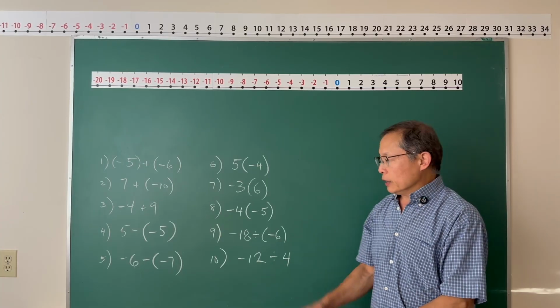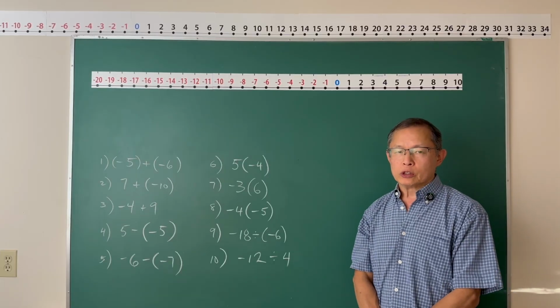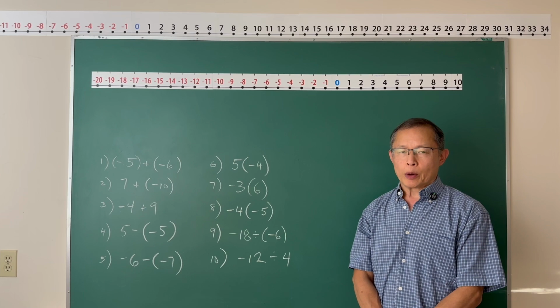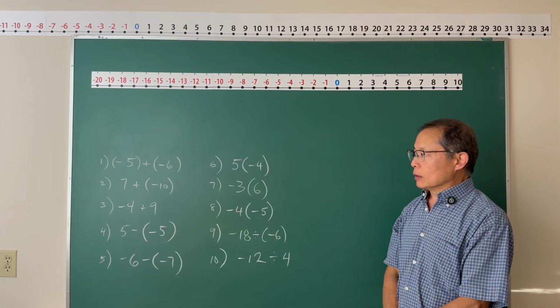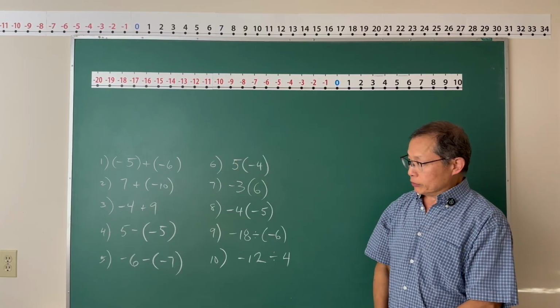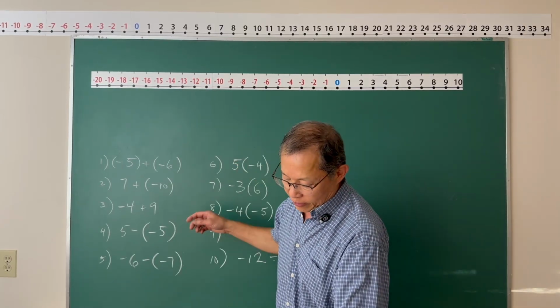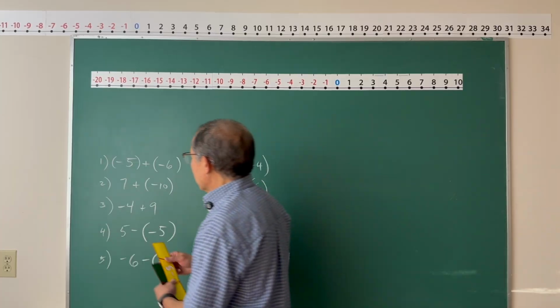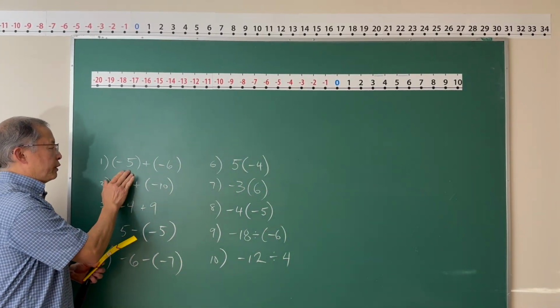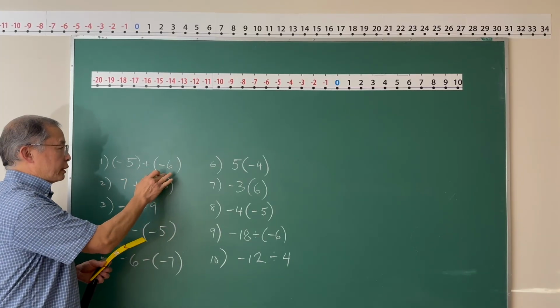So let's take a look at these 10 typical questions that we want the kids to learn in grade 7 and grade 8 with their integer operations. Question number 1, a negative plus a negative. So negative 5 plus negative 6, we have a negative and a negative. So we explain to them you're traveling in a left direction and you're traveling in a left direction.